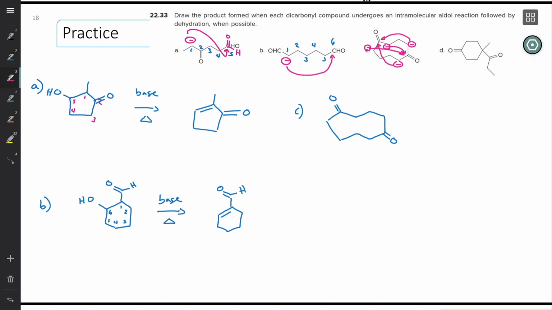Okay, so let's assume we make this nucleophile, and this one attacks here. Now in the ring that I'm making, I have 1, 2, 3, 4, 5 carbons. So let's start with that.